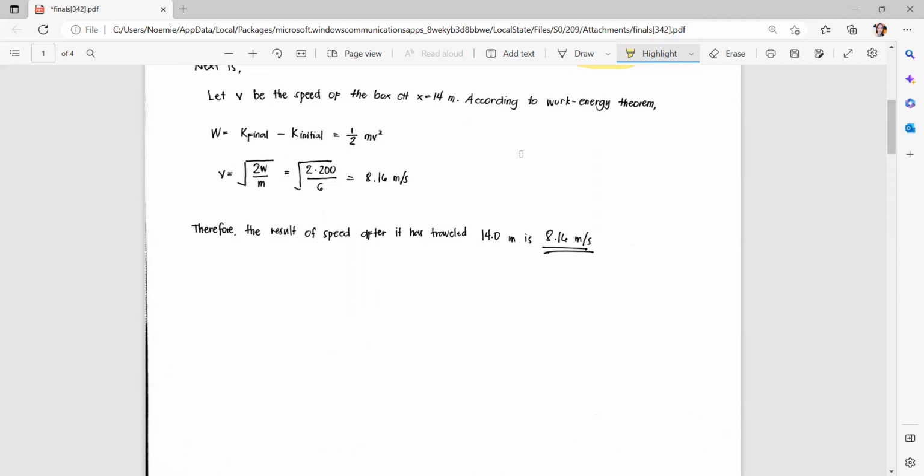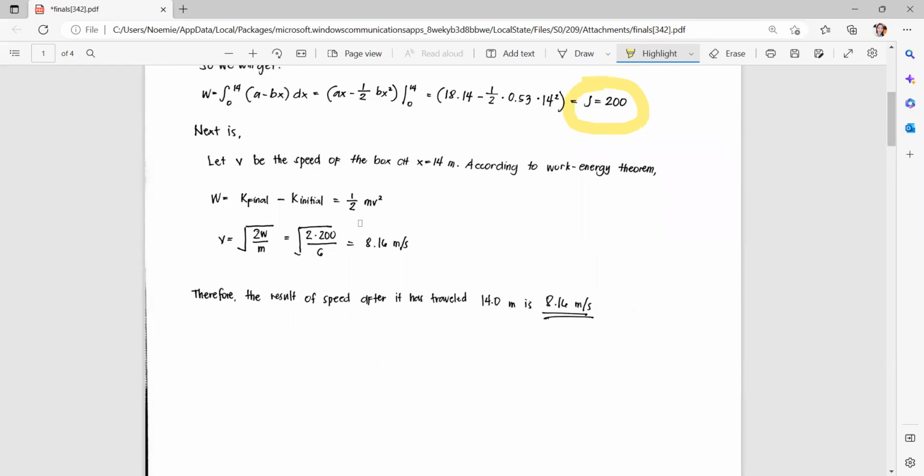Plugging in the values, we have here square root of 2 times 200 all over 6. We will get this result. Therefore, the speed after it has traveled 14 meters is 18.6 meters per second.